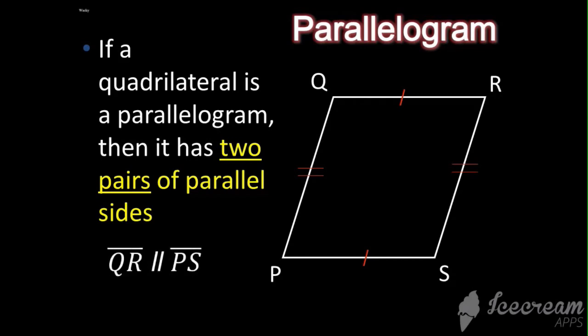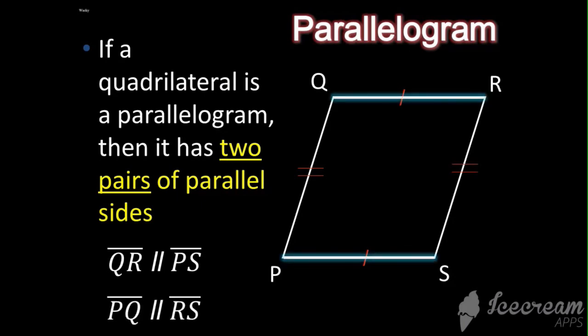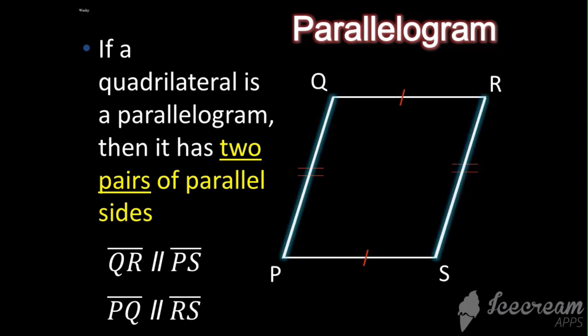We say that QR is parallel to side PS, and PQ is parallel to side RS. So it has two pairs of parallel sides, therefore PQRS is a parallelogram.